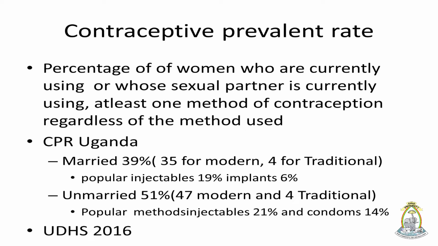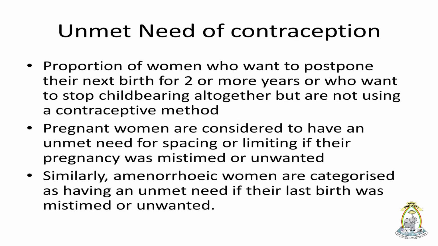This contraceptive prevalence rate means women who are currently using, or whose sexual partner is currently using, at least one method of contraception, regardless of which method, whether traditional, modern, or coil, so long as one of you is using it. So that means you are having contraception.